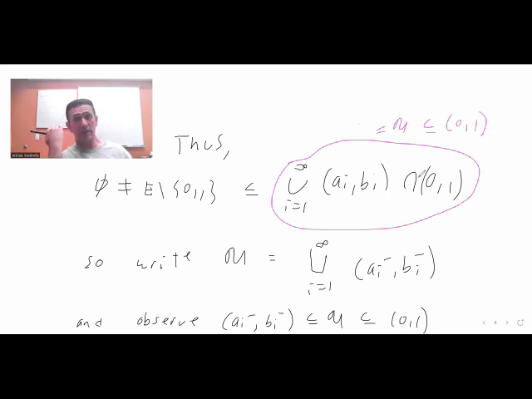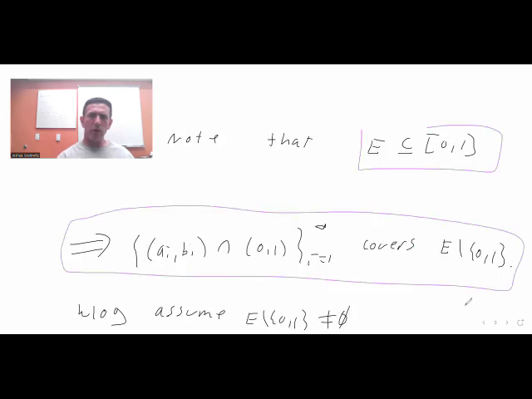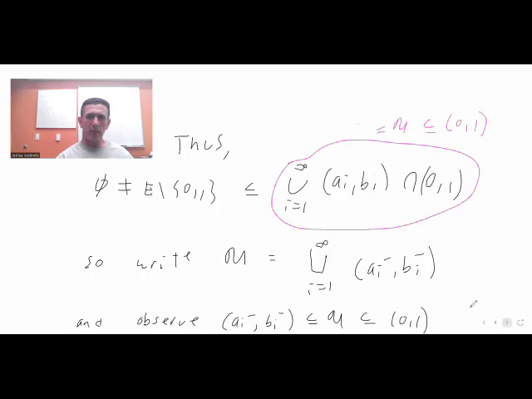I don't know what that thing's going to look like. So working with E take away (0,1) allows me to get a non-empty open set, and I can use the characterization of non-empty open sets as a disjoint union of open intervals.